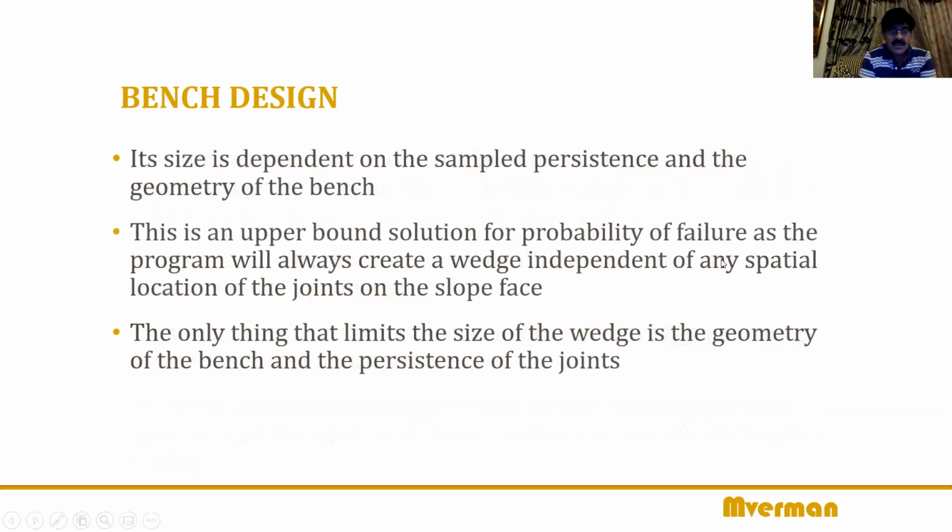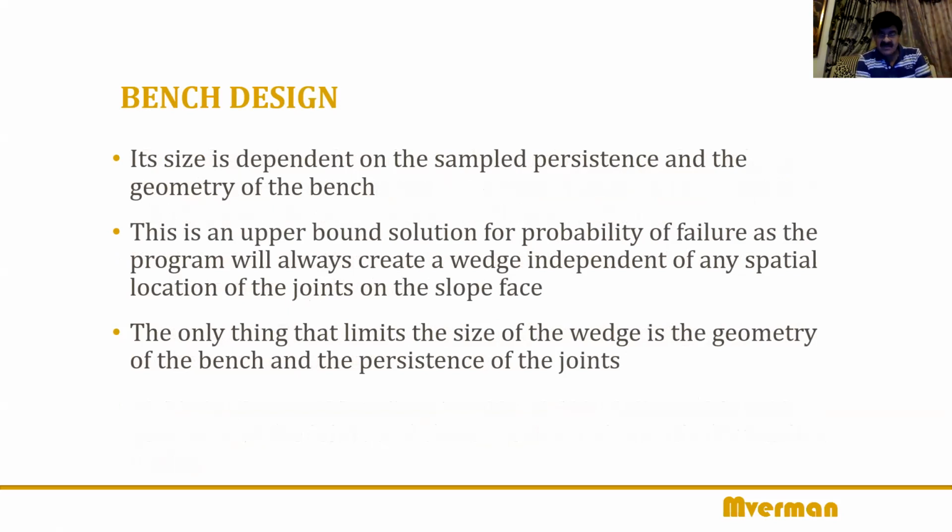So you are designing on the safer side by choosing the small ubiquitous joint. If you choose large, you might miss smaller joints which are forming a wedge. So it's not going to be a safe design.